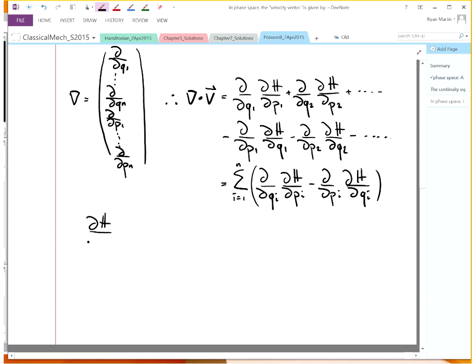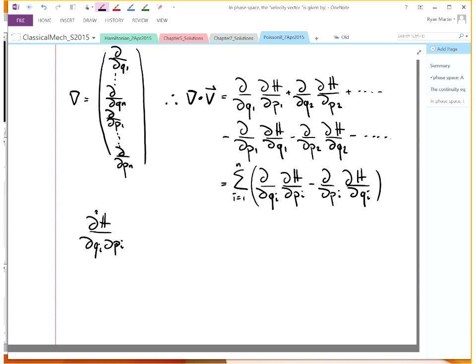Now, ∂H. So let me look at the first term, for example. The ∂/∂qi of ∂H/∂pi. I can write that as ∂²H by ∂qi ∂pi.